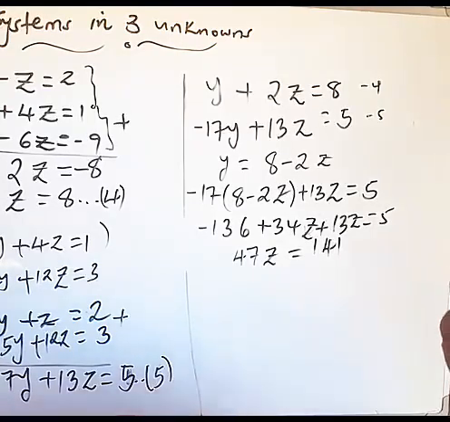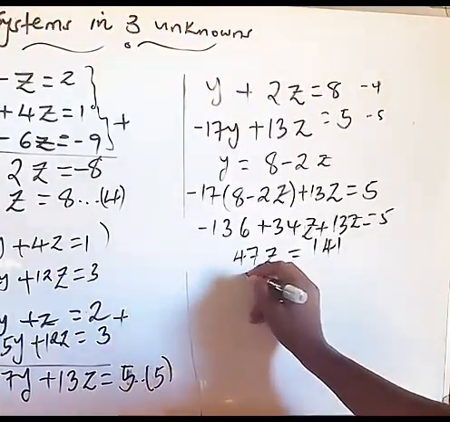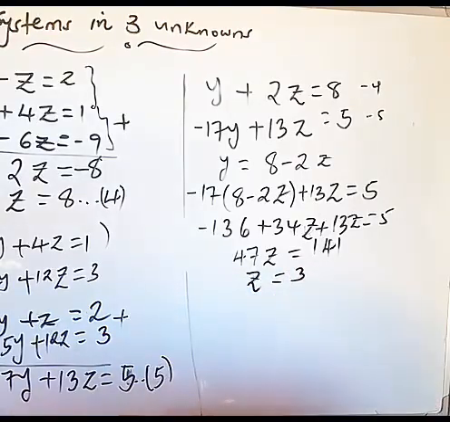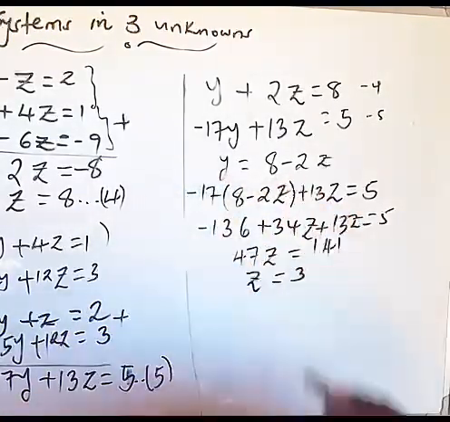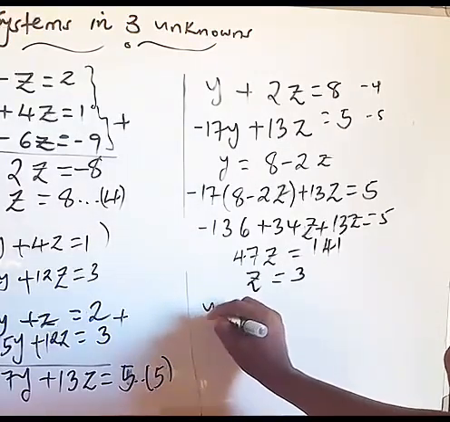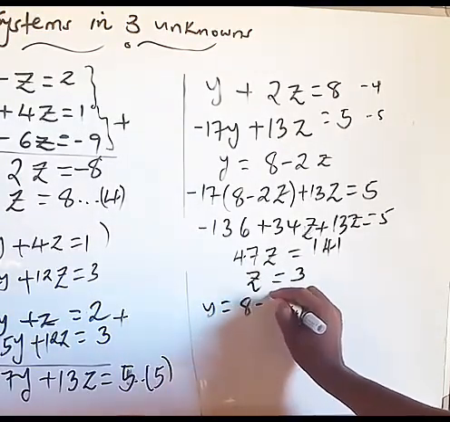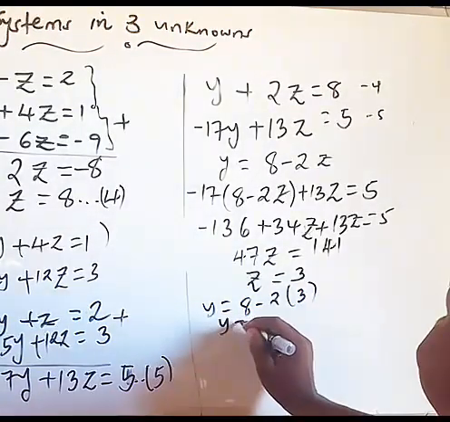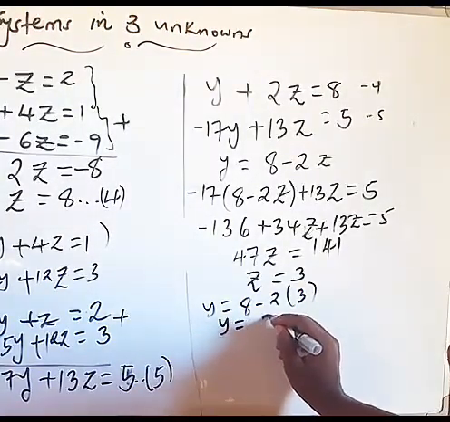Therefore, if you divide both sides by 47, the answer will be z as the value of 3. So y is the same as 8 minus 2z. So y is 8 minus 2 times, instead of z, we now put 3. This will give us y as 2.